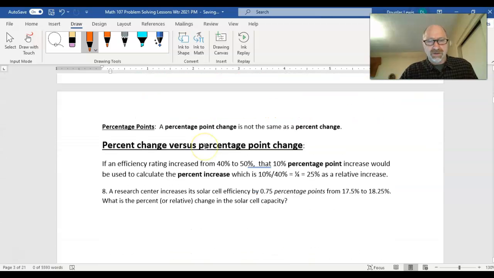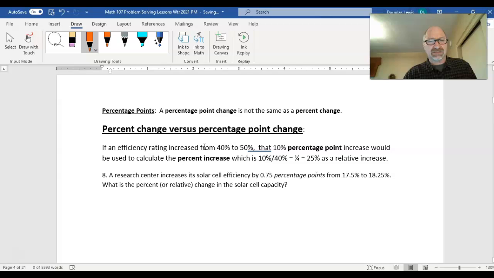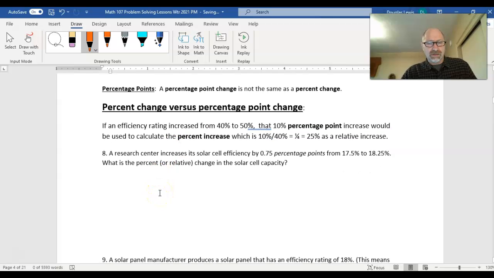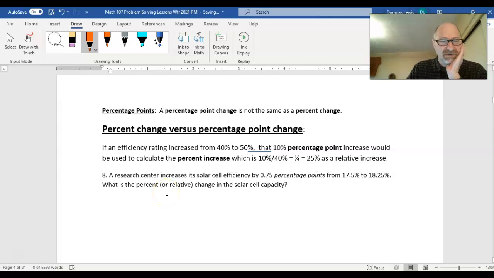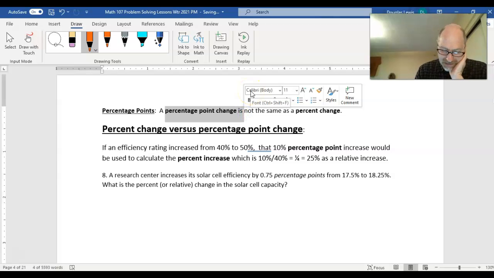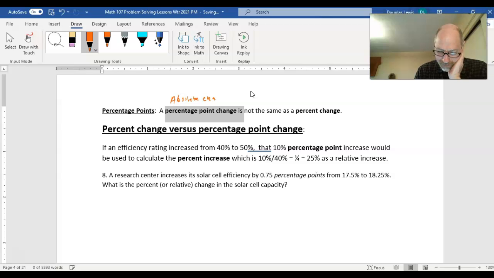Okay, now we're going to talk about percent change versus percentage point change. So in an efficiency rating, first of all, a percentage point change is not the same as a percent change. I would say that the percentage point change, a good way to think of that is it's an absolute change, but it will have a percent sign.